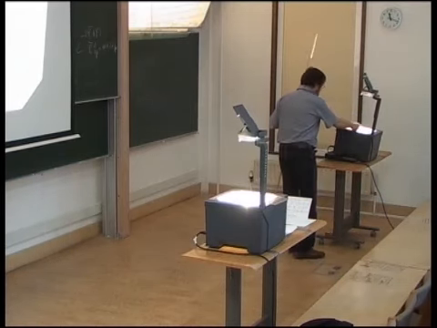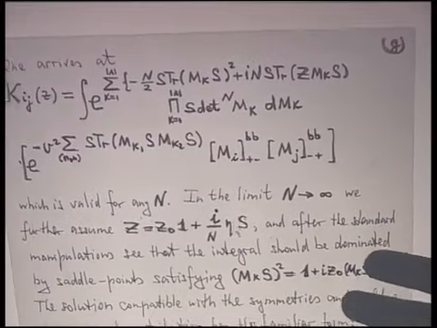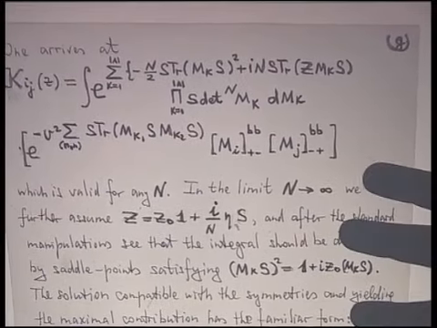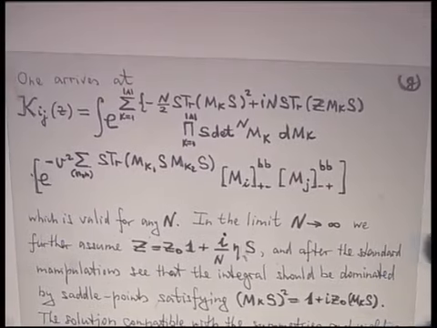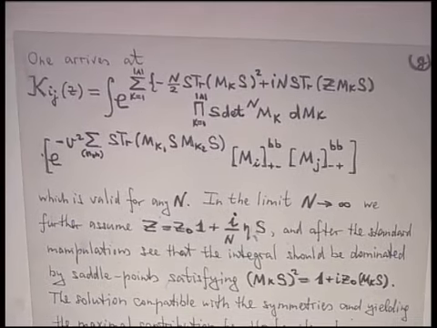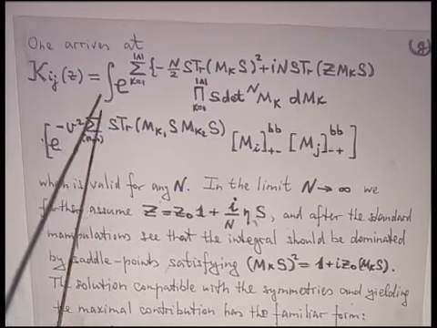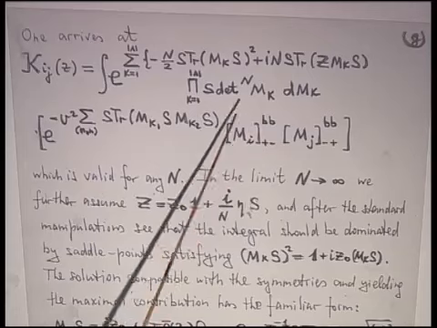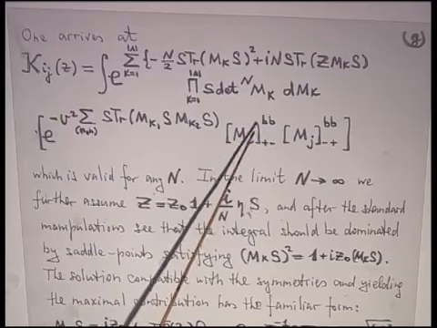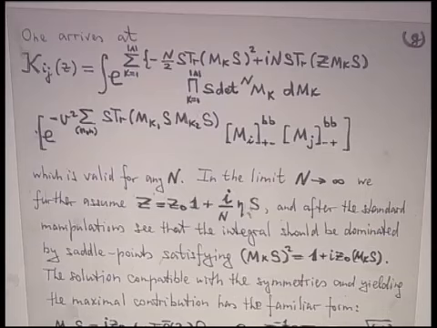So after these manipulations are done, we arrive at the following expression, compact in the sense of simply looking. The relevant degrees of freedom over which we integrate are matrices M_k associated individually with every site of our lattice.